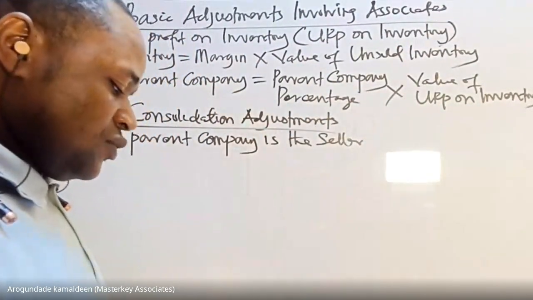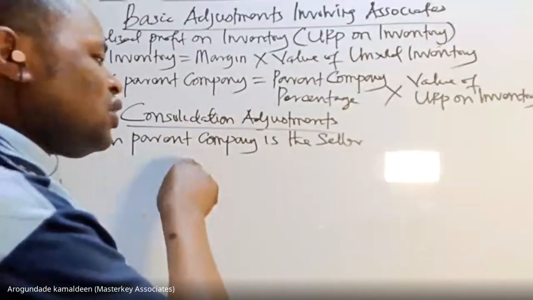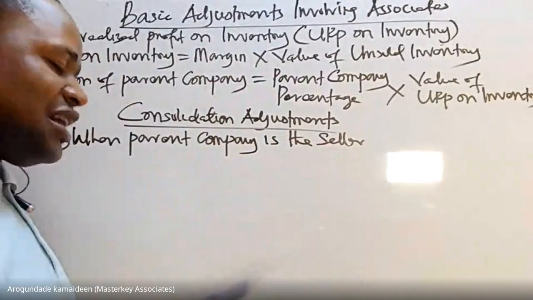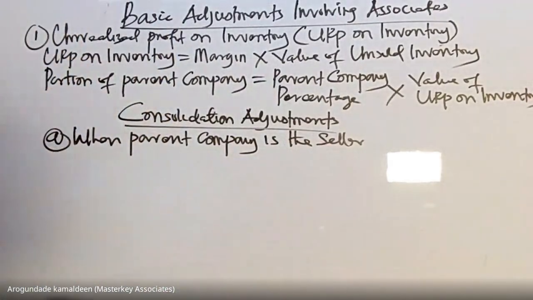Is that clear? So when the parent company is the seller, it means the closing inventory is in the account of the associate and not the parent company. So this is what you are going to do.